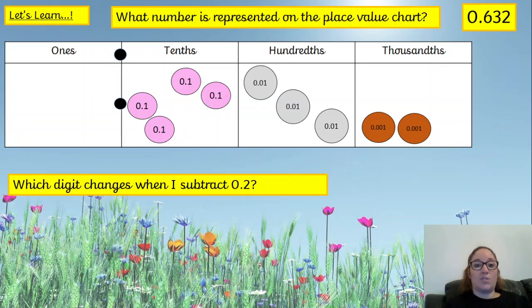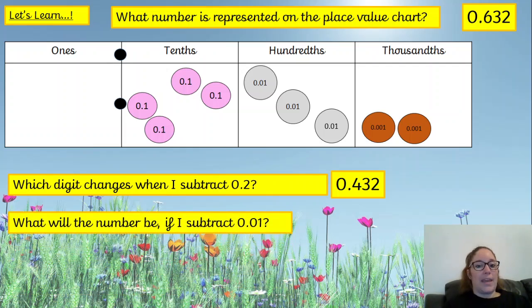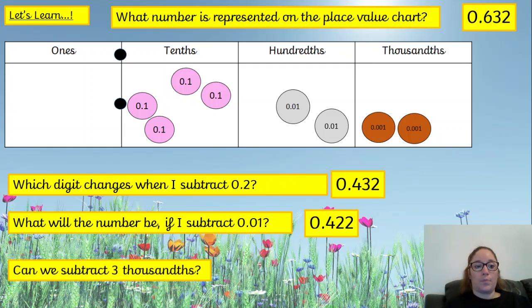We've got 0.432. What will the number be if I subtract 0.01? So we know 0.01. Okay, we've got our ones, our tenths, our hundredths. So there are hundredths. We can take 1 away. We've now got 0.422.